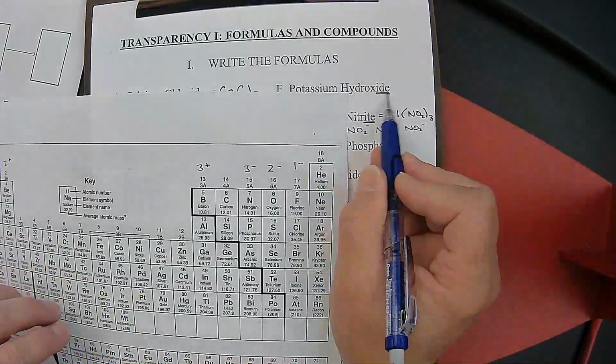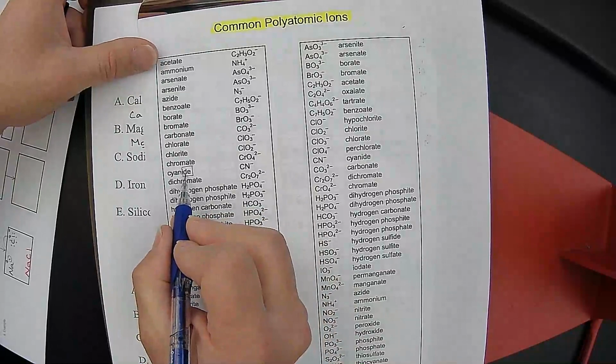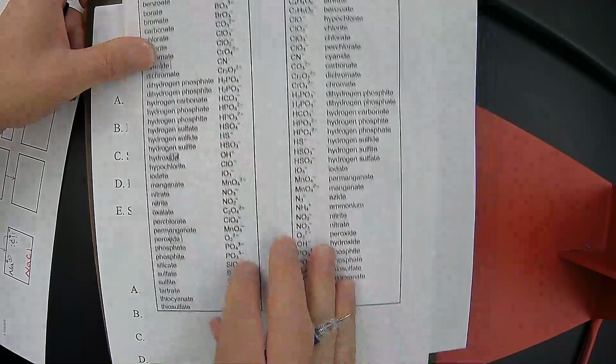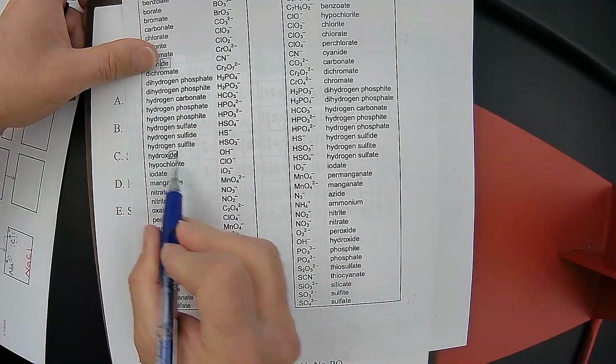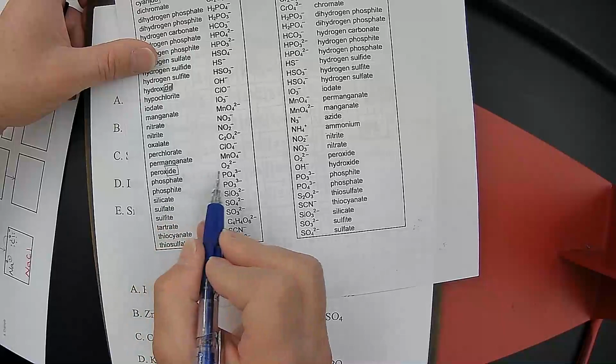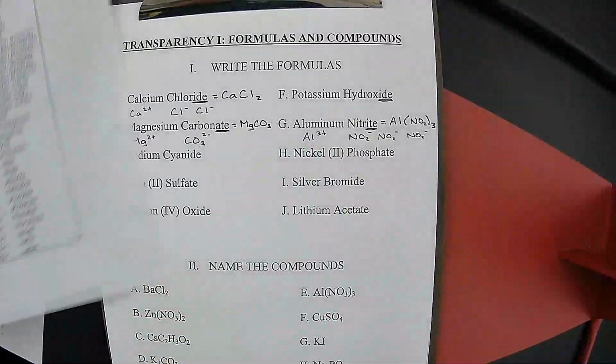But there are 3 that are tricky that end in IDE. One of them is cyanide. It's a polyatomic ion. One is hydroxide. It's a polyatomic ion. And one is peroxide. It's a polyatomic ion. Those 3 are tricky.